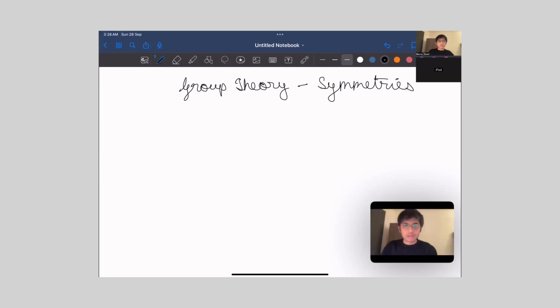Symmetries. Okay. So when we start with group theory, if we were to talk about it in an introductory fashion, I would say all of physical group theory, that's group theory applied to physics, rests around one theorem. That's Noether's theorem, and we'll talk about Noether's theorem more in detail later.